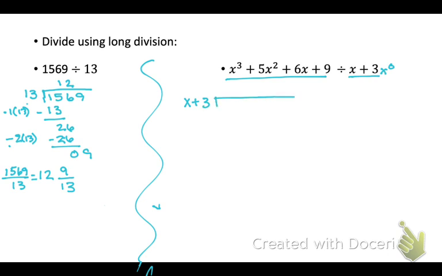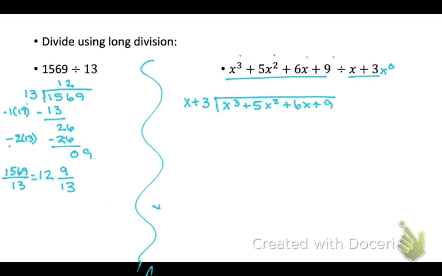Now the dividend: x cubed, x squared, x to the first, x to the 0. All in order? Did I skip any? No. If I skipped one, I'd have to put a 0. You can't skip any. Got it? So I put x cubed plus 5x squared plus 6x plus 9.